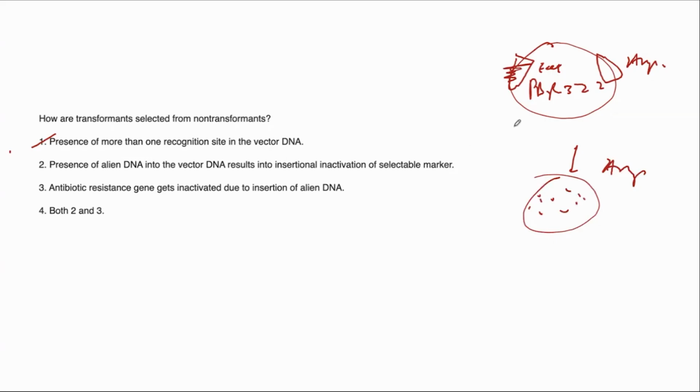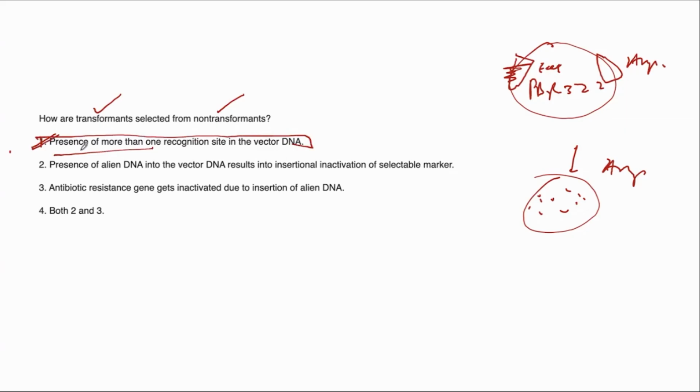From this we were able to differentiate between the transformants as well as the non-transformants, right? So this is the first step. First option was presence of more than one recognition site in the vector DNA. This cannot be the option because the question is asking us to differentiate between the bacteria that has taken up the DNA and the bacteria that does not have the DNA, right? So we have to exclude the first option.